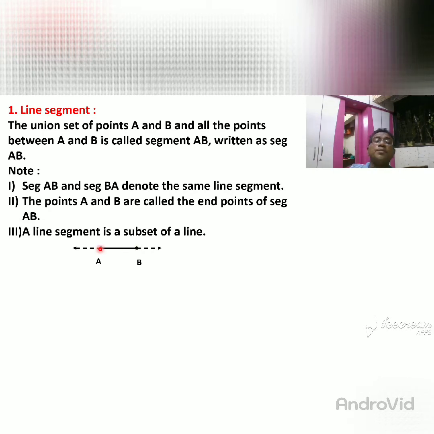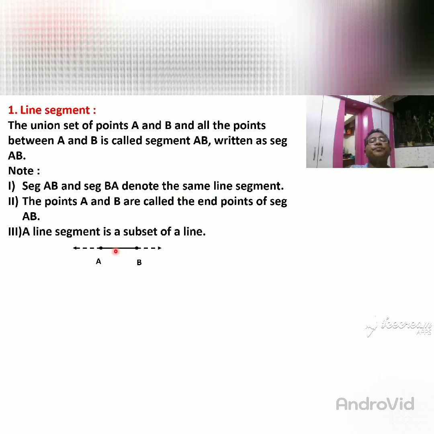But segment AB and segment BA are the same. If you name from left to right, it is segment AB, and if from right to left, it is segment BA. So here it is written that segment AB and segment BA denote the same segment. Denote means indicate the same segment.